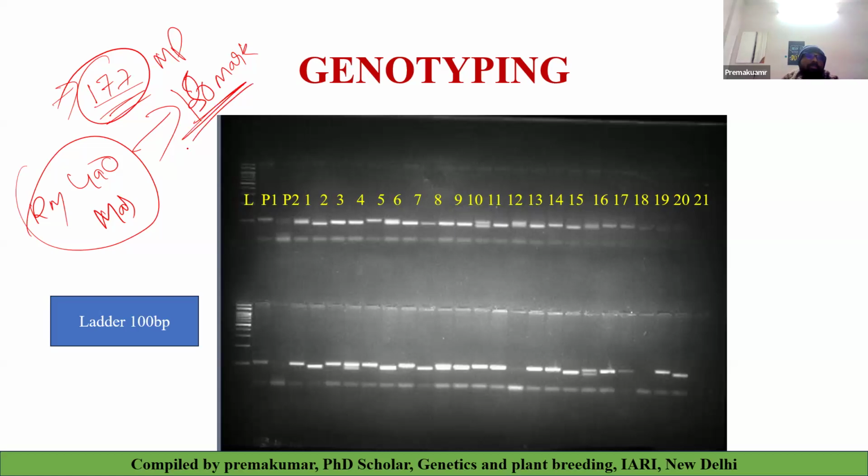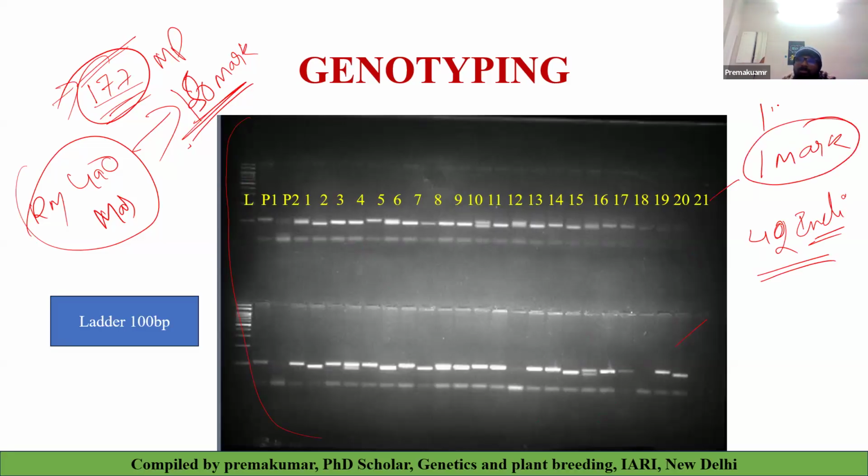If I want to run 150 markers on 177 individuals, at one gel, maximum you can genotype only 40 or 42 individuals.